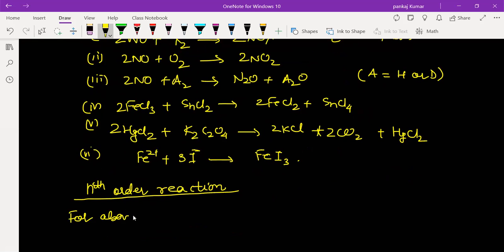For the above reaction, the rate is equal to k, and we can use a to the power n value. That is the nth order.